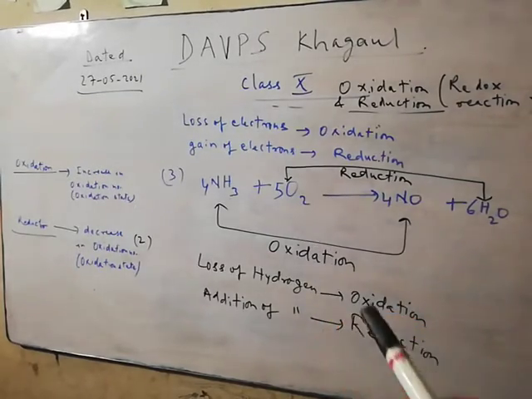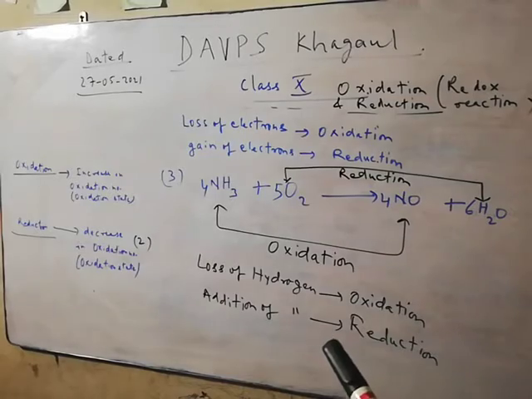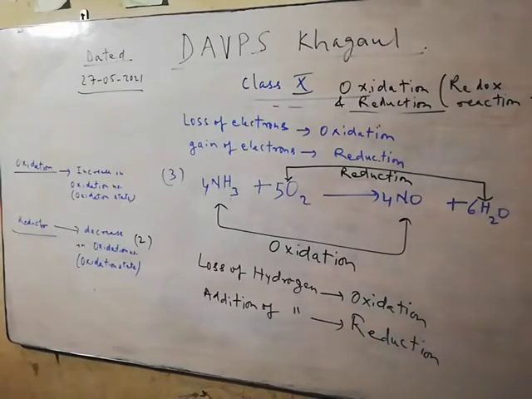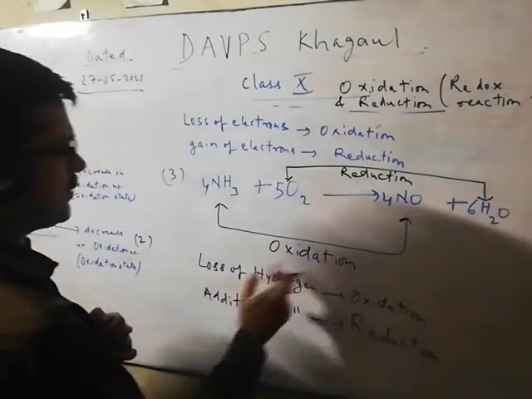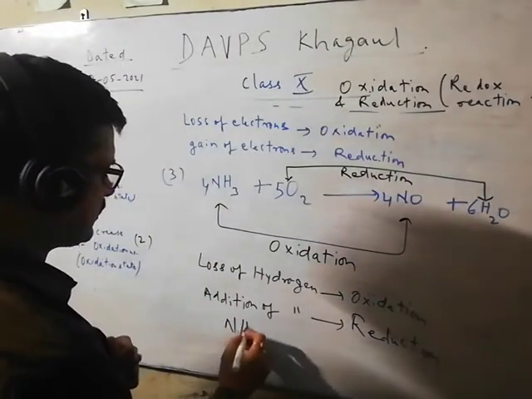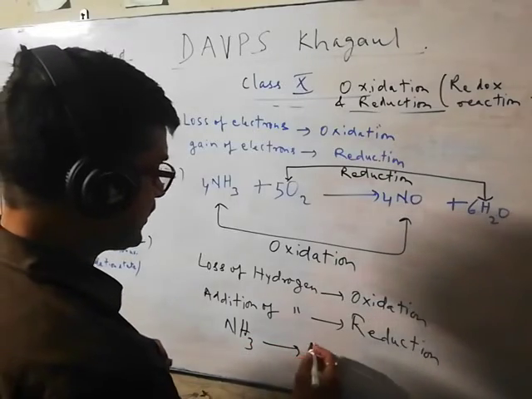Now you can decide which is the oxidizing agent and which is the reducing agent. It is not difficult to decide. Ammonia is being oxidized, so it will be the reducing agent.